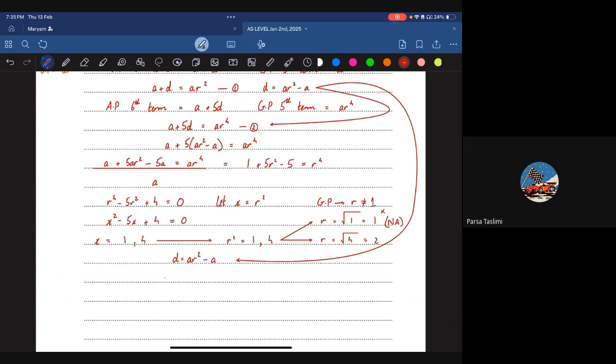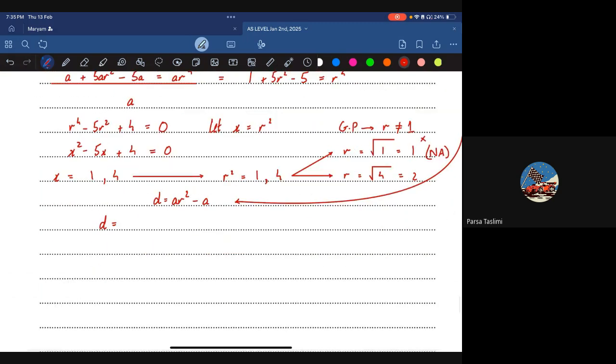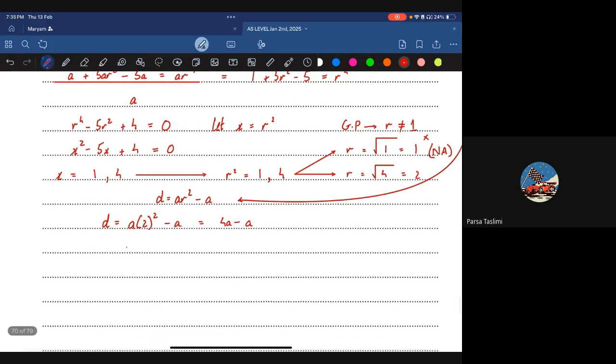So D, with R equal to 2 now, is going to be equal to A times 2 whole squared minus A, which is equal to 4A minus A. Therefore, D is equal to 3A.